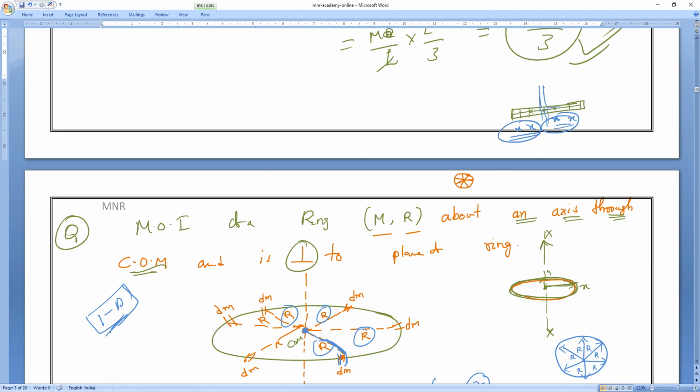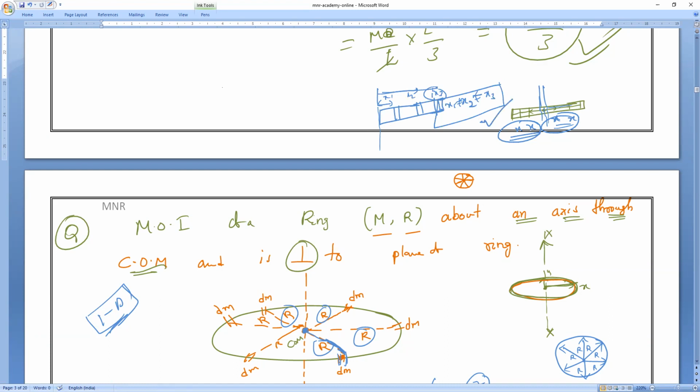Or if I consider a rod where the axis of rotation passes through one end, and I take particles at x1, x2 and x3, they are not equal.